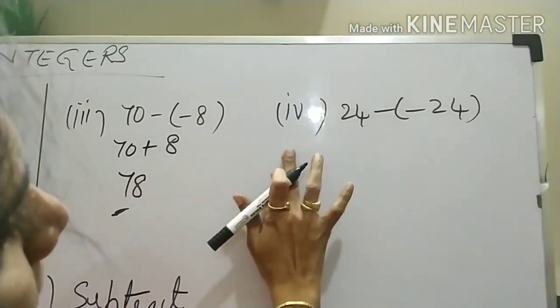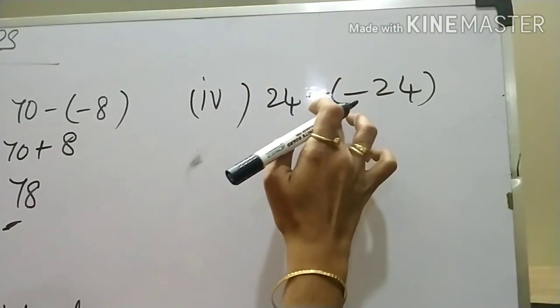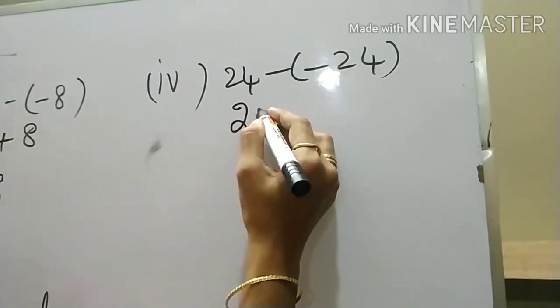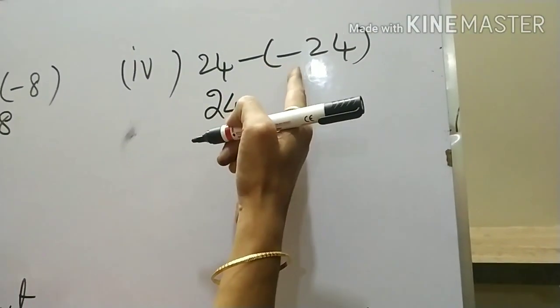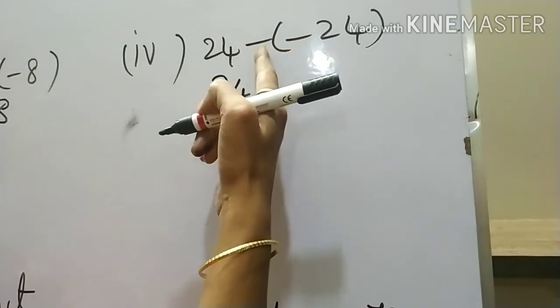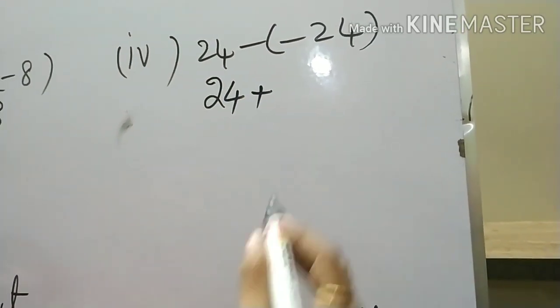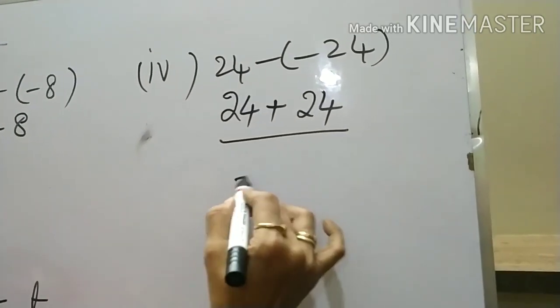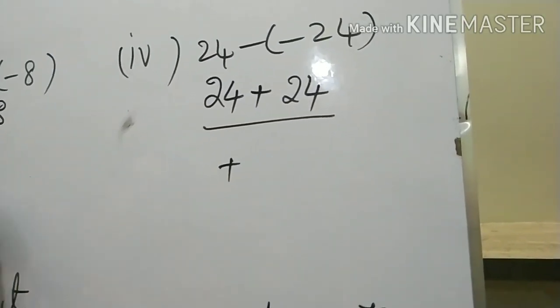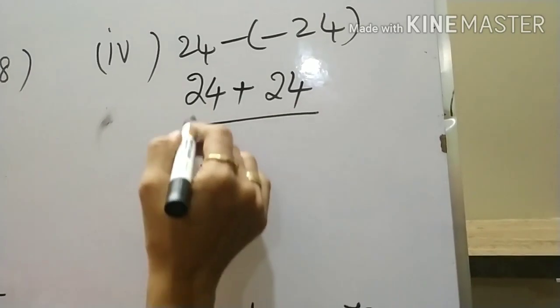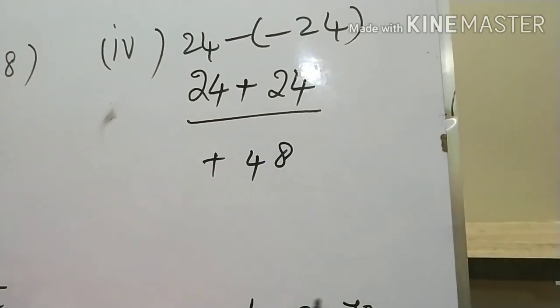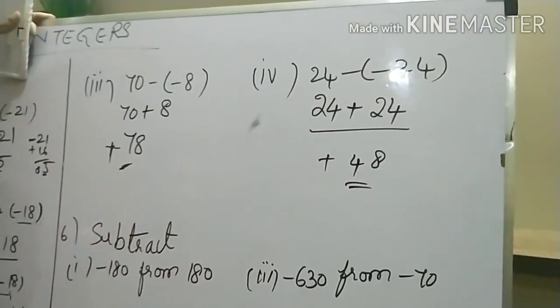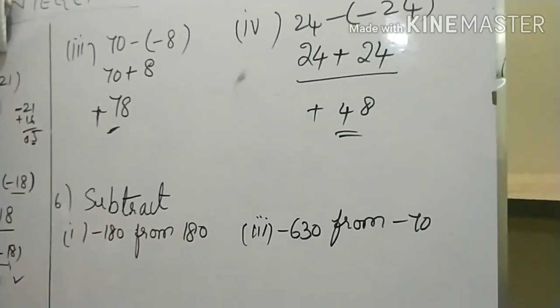Now see this one, 24. Here also minus into minus. The first number 24 I am writing as it is. After that I am multiplying this minus sign within the brackets. Minus into minus will become plus. So both the numbers are plus only. So I can take plus. 48. This is your answer.